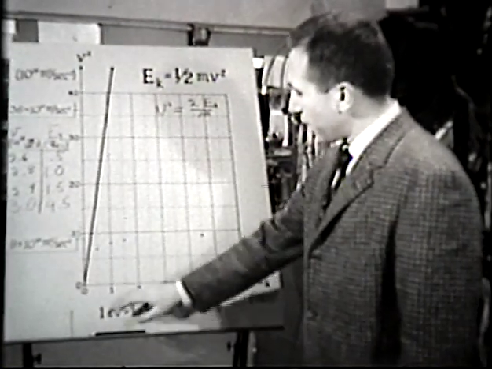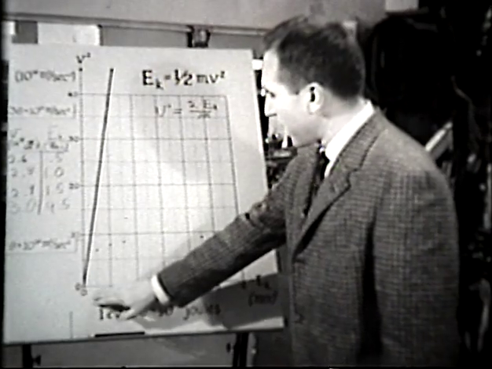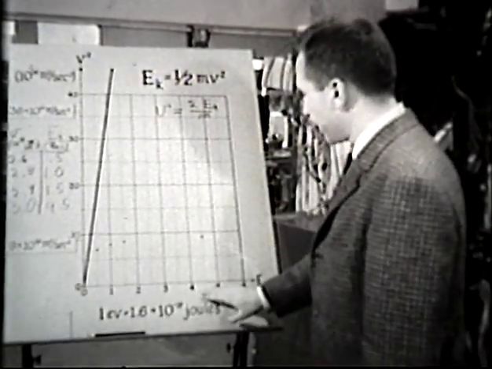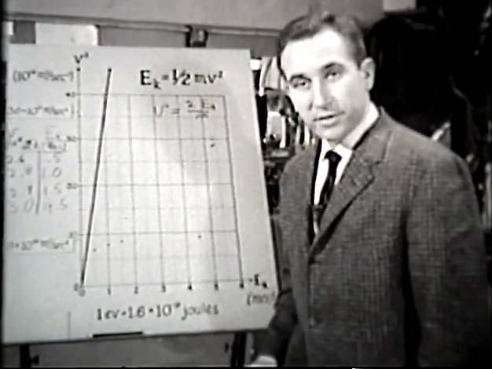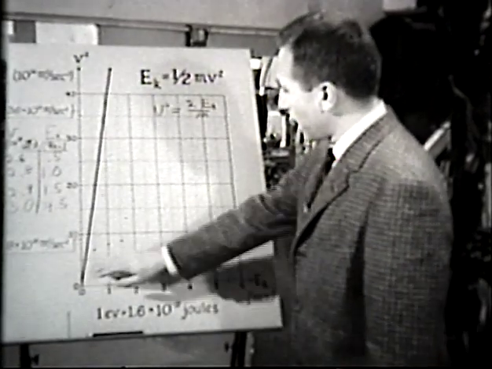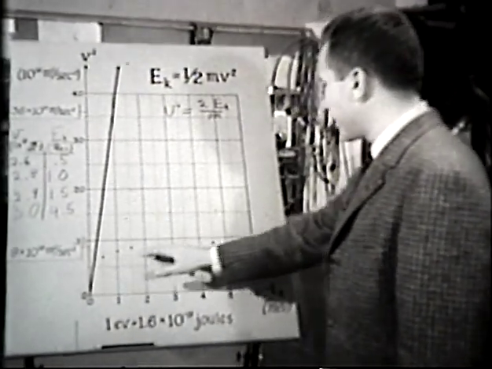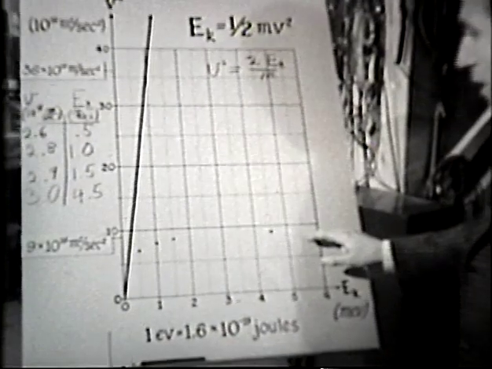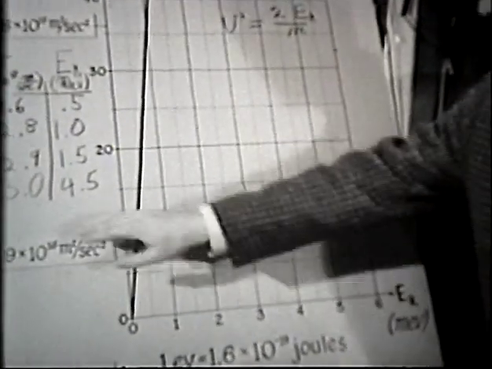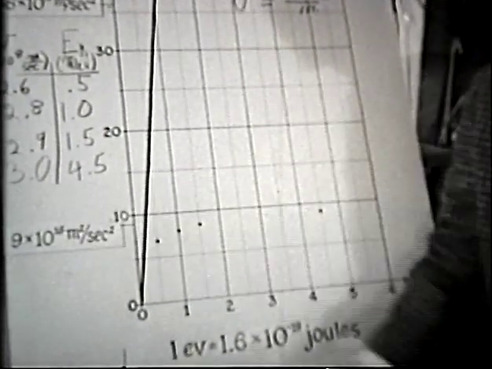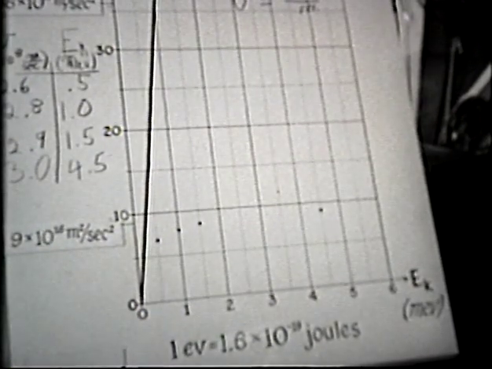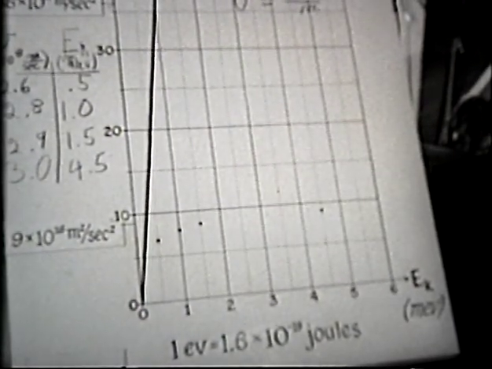As we increase the kinetic energy of the electrons from 0.5 MeV to 4.5 MeV, and we've measured this energy, the speed of the electrons appears to approach a limiting value. And as closely as we can measure, this limiting speed is the speed of light in vacuum, 3 times 10 to the 8th meters per second.